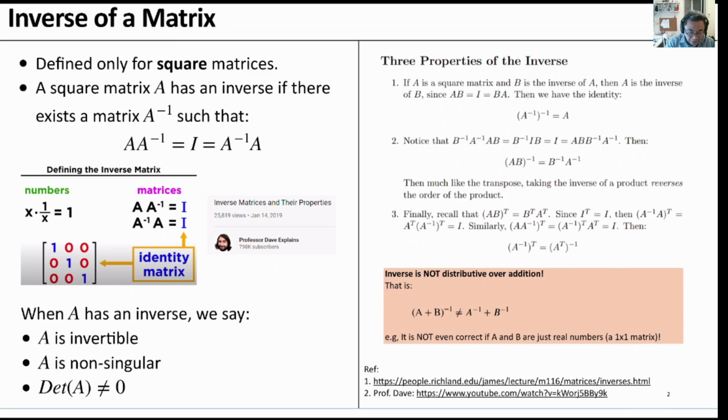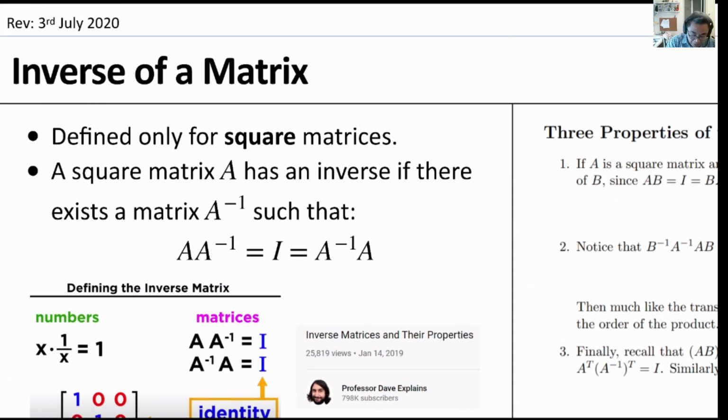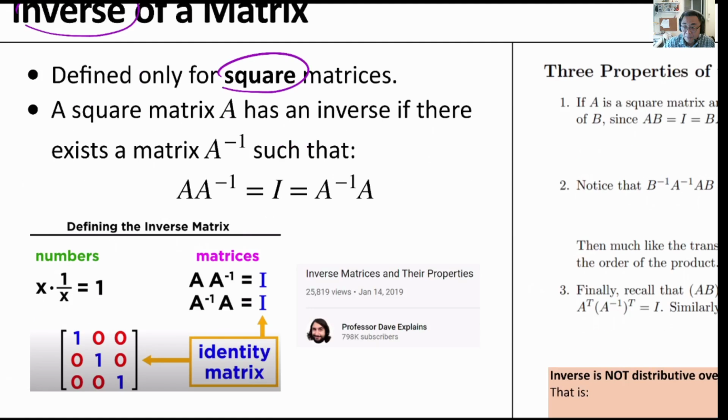We'll now discuss the inverse of a matrix. The inverse of a matrix only exists for a square matrix, and only some square matrices are invertible. In this case we say that its inverse exists. When the inverse exists, we call the inverse matrix A to the power minus 1, the inverse of A. Remember, A is a square matrix.